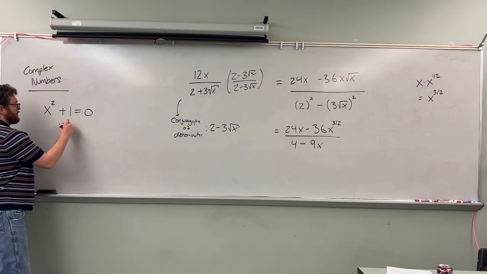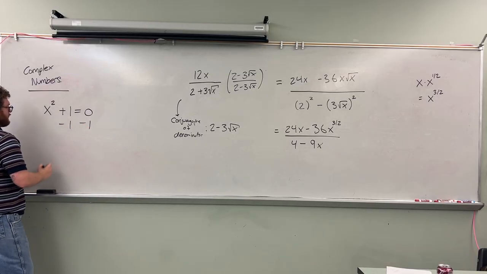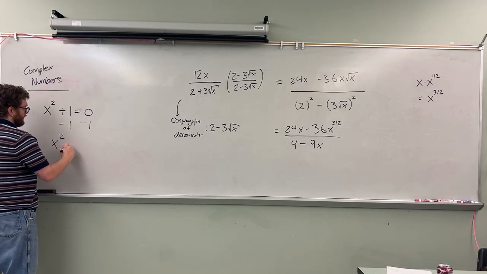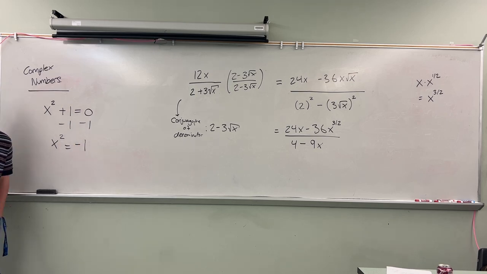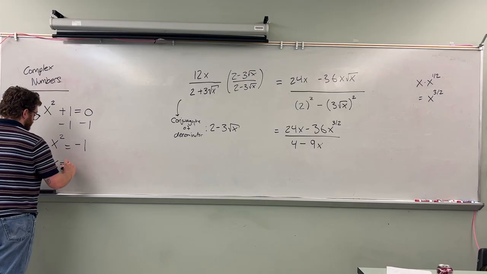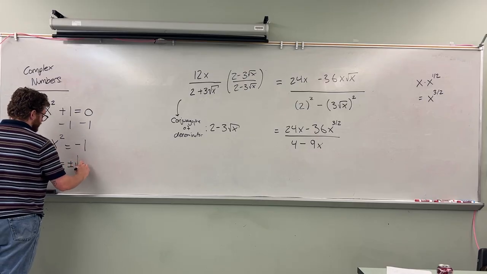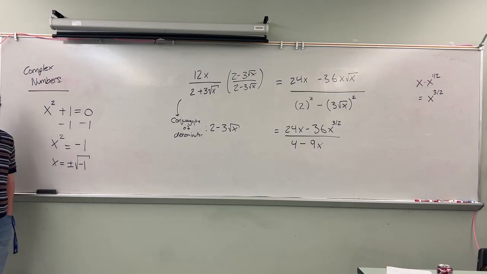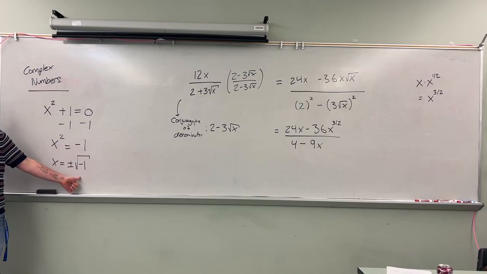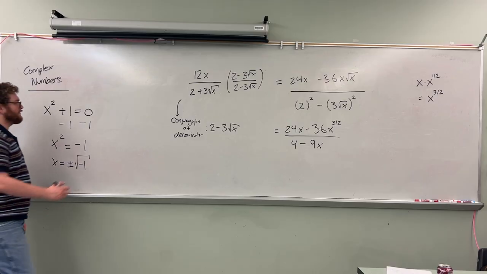Well, I can very simply just subtract 1 from both sides, but then I get x squared equals -1, and if I try to solve this, I get x equals plus or minus the square root of -1. And can I have the square root of a negative number? No. So we introduce something called the imaginary unit.